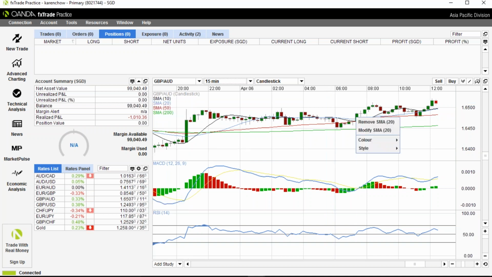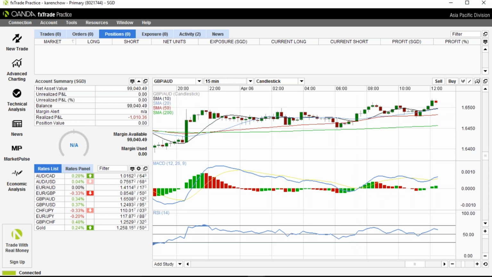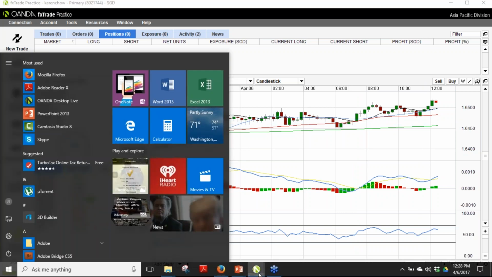You can change the color of the different overlays that you put in there, and that's completely up to you what color you pick. I just like to stick with standard green for up and red for down, and I've got my moving averages color-coded for me to quickly tell which one is on top of each other, etc. So have a play around with your FX Trade, but when you get in, this is an interface that you will commonly see.